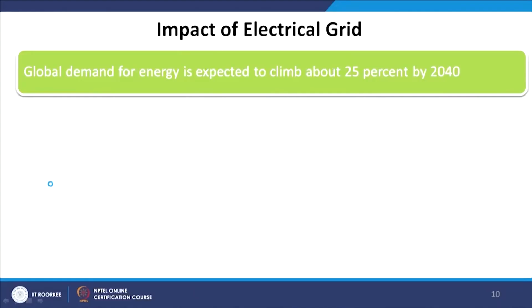Now, if you look at the impact of the electrical grid in specific, global demand for energy is expected to climb about 25% by 2040. It is a great hike. The whole world is expected to increase its per capita energy consumption, and it is a great challenge in front of all of us how to achieve that 25% increase by 2040 in a green, clean manner.